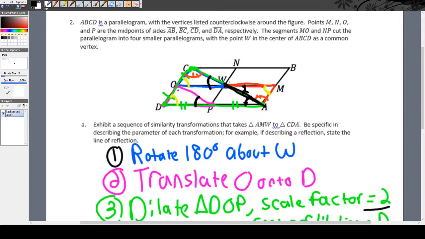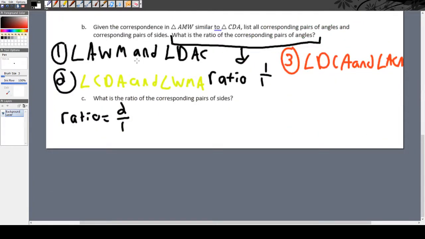And then if I look at our green triangle, the red angle and the black angle is CA. So WA corresponds with CA. That's our first corresponding side.